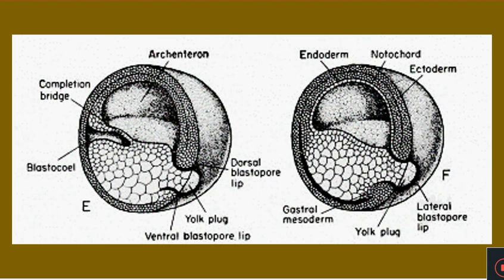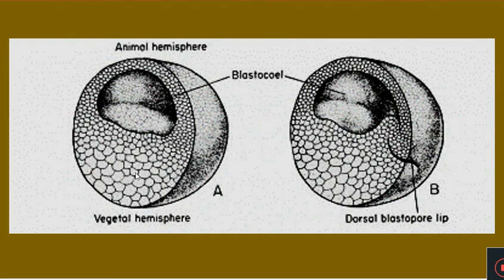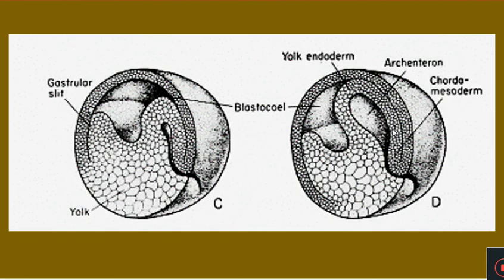Now we have to mention what happens to the blastocele. So you can see this is the blastocele. Earlier this was the blastocele, and this was the gastrocele. But now, because of the expansion of the gastrocele or the Archenteron, and because of the pushing up of the endoderm, the blastocele has been displaced to this direction.